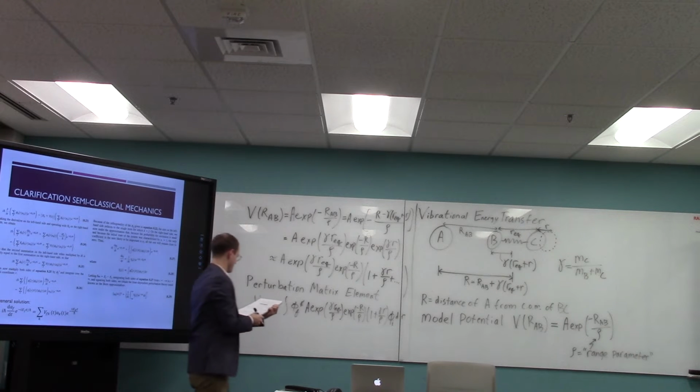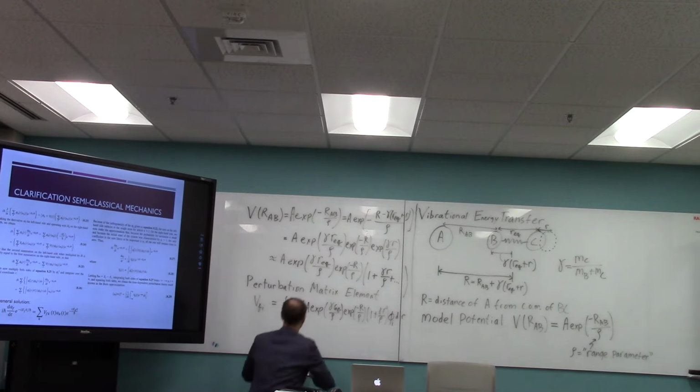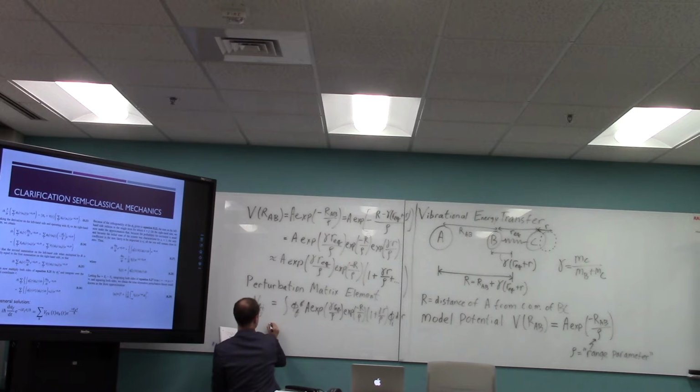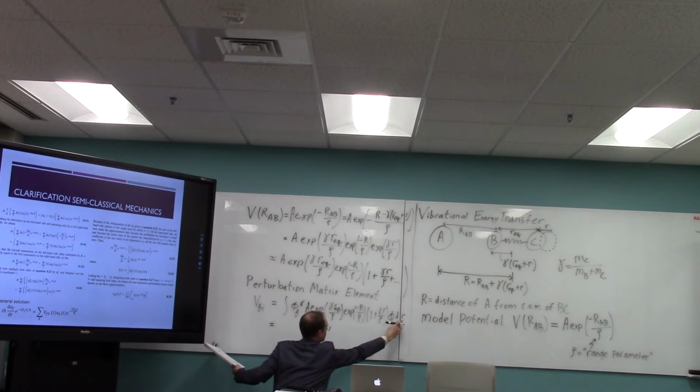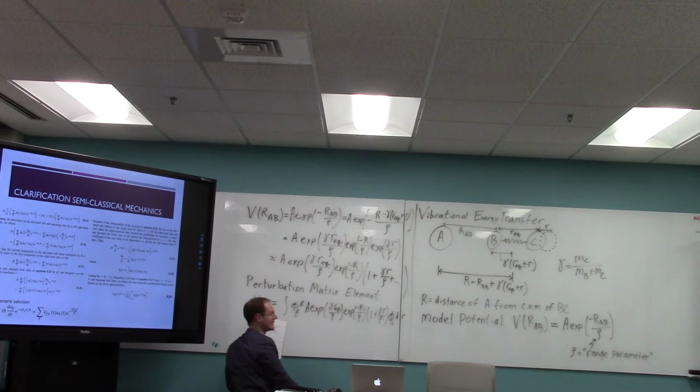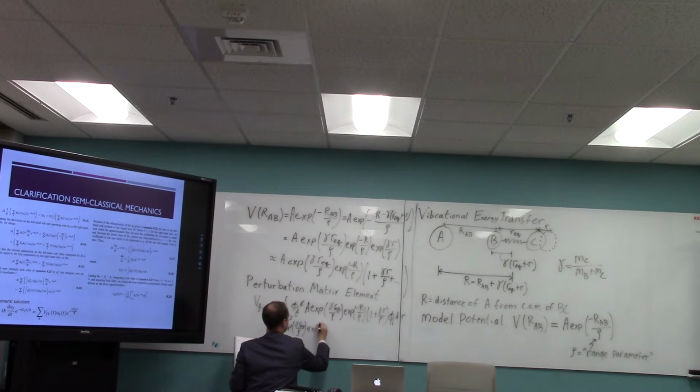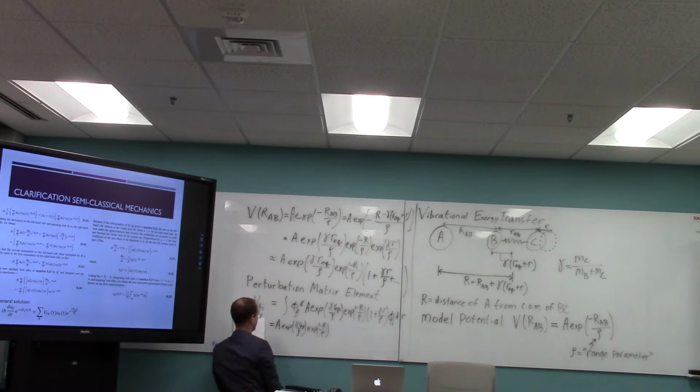Okay, and so this is going to be equal to, so the integral is only over the little r, and so basically we're going to get A times exponential gamma R equilibrium over rho times exponential minus R over rho, right? This stuff can all come out of the integral.